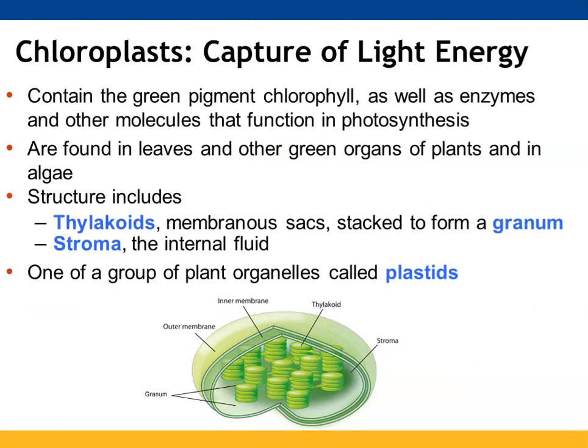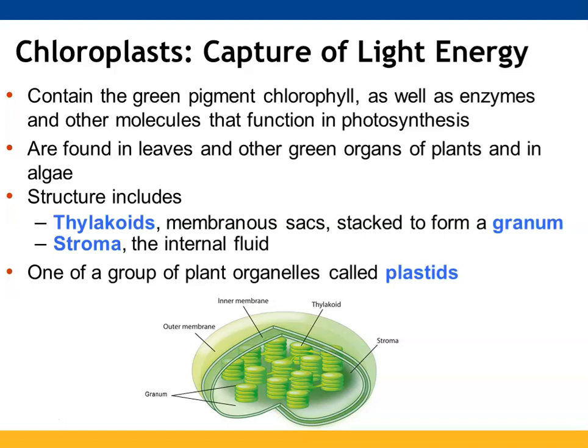Chloroplasts contain chlorophyll and other enzymes that help with photosynthesis. These tend to be found in your leaves and green organs of your plants as well as algae. And if you look at the structure of your chloroplasts, you see that they have these stacks of thylakoids. They're called thylakoid membranes. And then the thylakoid membranes are surrounded by stroma in the inner membrane, and then you also have the outer membrane on the outside.